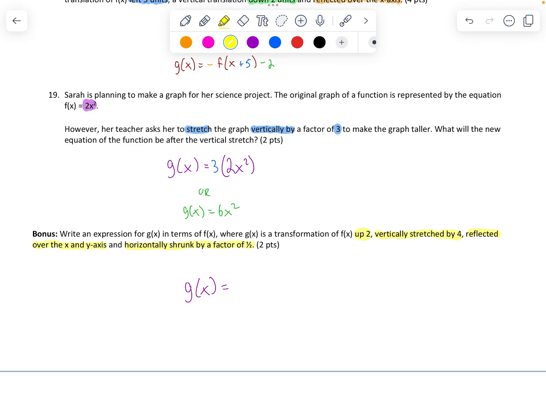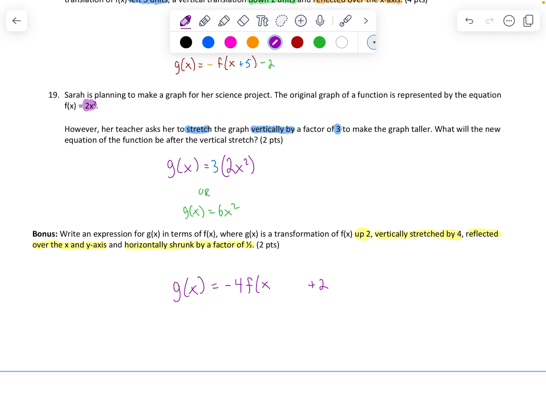All right, so up 2, take the original function, f of x, and you're going to have at the very end, plus 2, outside of the parentheses. Vertically stretched by 4 means we're going to put a 4 right there, multiply by 4. Reflected over the x-axis means you have to have a negative right in front of everything.